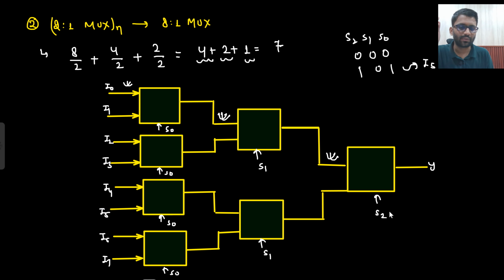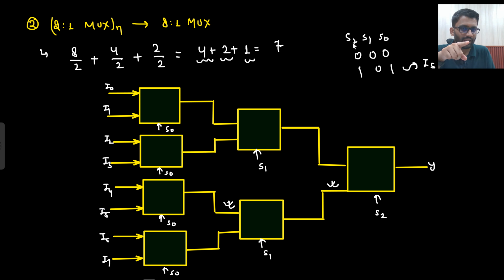So what is the value of S2? S2 is 1. So if S2 is 1, it will look at this. S1 is 0. If S1 is 0, it will look at this. Here also something will come, but output of this is being fed here, but this is of no use.